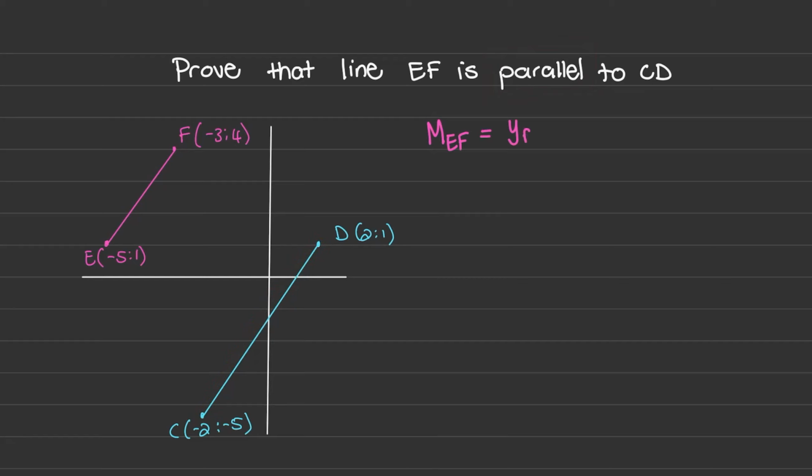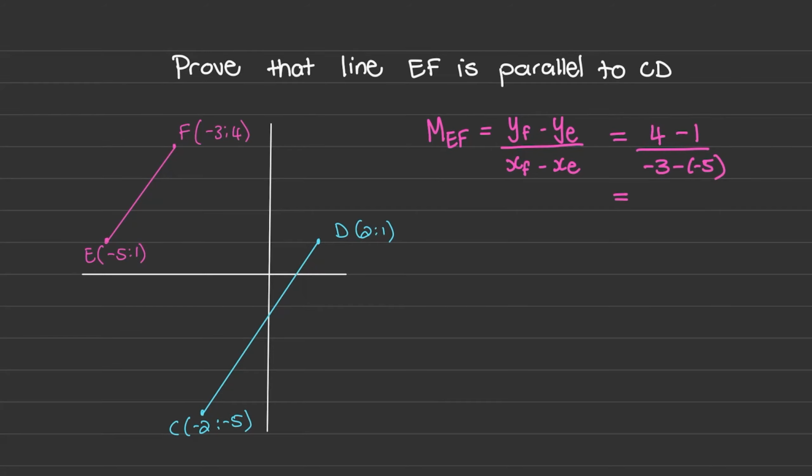So it's the y of F minus the y of E over the x of F minus the x of E. And if I substitute, I have 4 minus 1 over -3 minus -5. And simplifying that, we have 3 over 2. So the gradient of line EF is 3 over 2, or we could say 1.5.